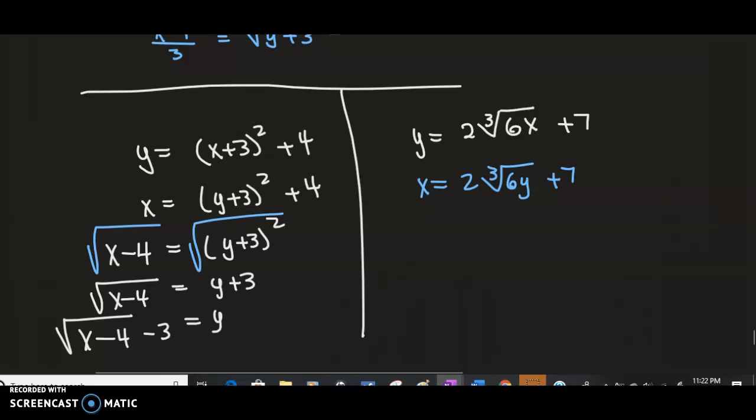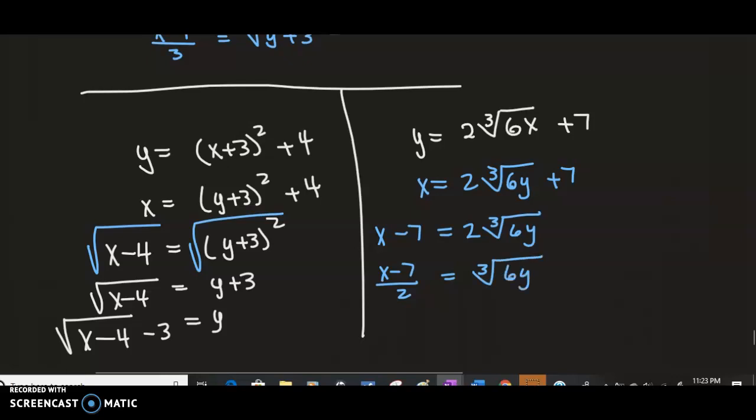So we got to isolate the cube root thing, and then cube it. So subtract 7 both sides. Okay. Divide by 2 both sides. So now we have x minus 7 divided by 2 equals cube root 6y.